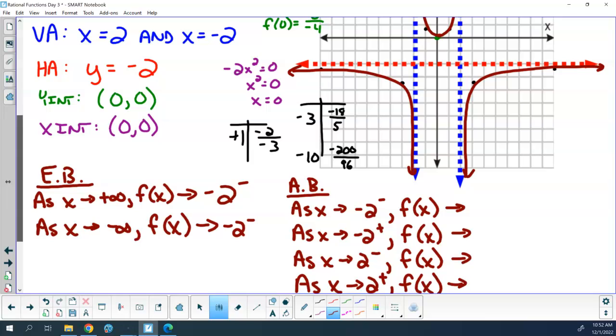All right, so let's go left to right. As I'm approaching -2 from the left, where's it going? Down. So that's negative infinity. As I'm approaching -2 from the right, up, going to positive. As I'm approaching +2 from the left, up, and +2 from the right. Much easier with the graph, if you ask me.